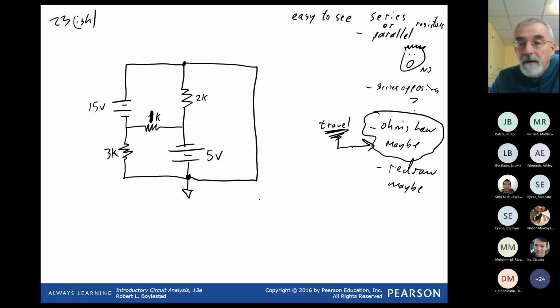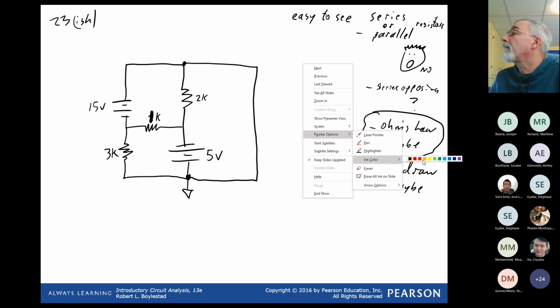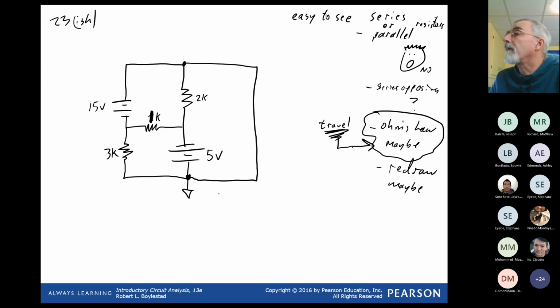I want to do a little traveling because this circuit, nothing obvious to me right now. In my travels, let me use a different color. I'll go back to purple here. I'm going to start at the only point I'm very comfortable with that I know right now. That's 0 volts, definitely.